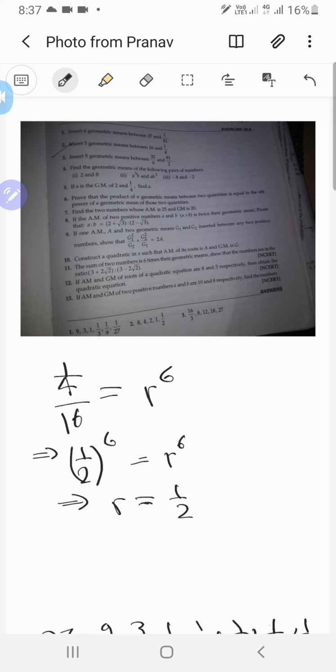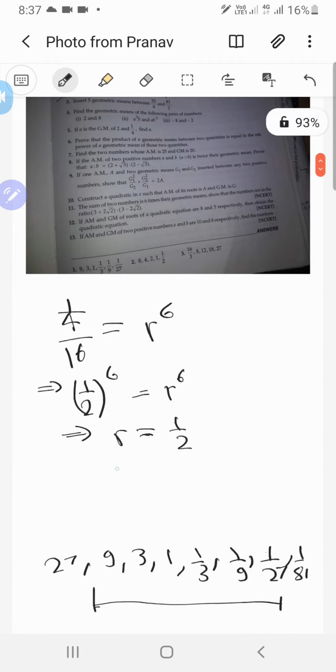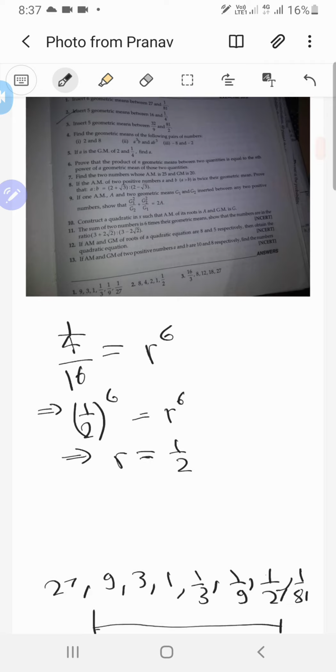which means that r is equal to half. You cannot take negative half because you have to find geometric means between 16 and 1 by 4, so all of them must be positive, because 16 and 1 by 4 are positive. Okay, cool. So the ratio has to be a positive quantity, it cannot be alternating. Fine. Okay, so what do we do with this?